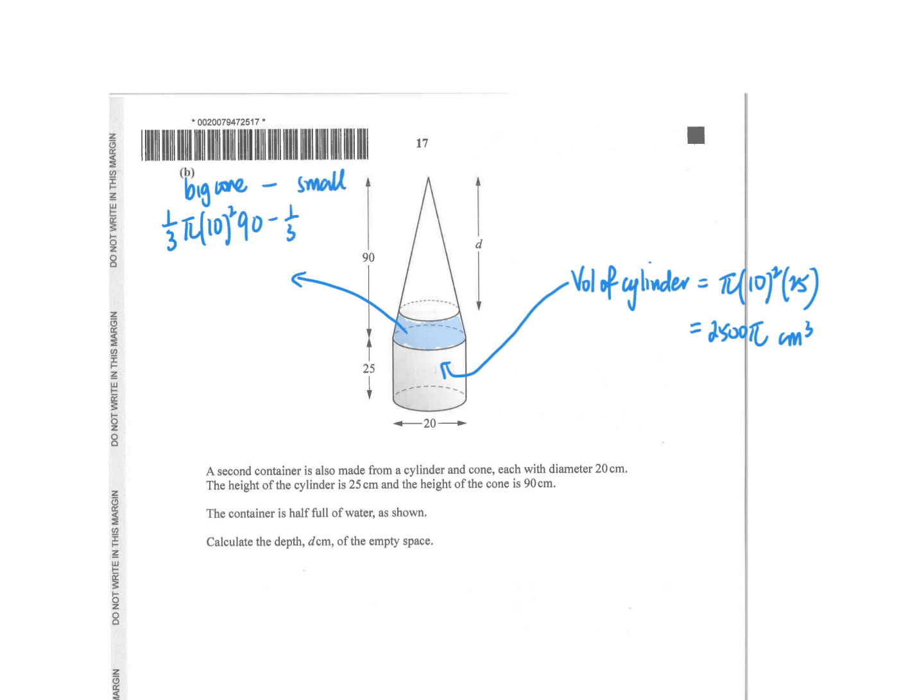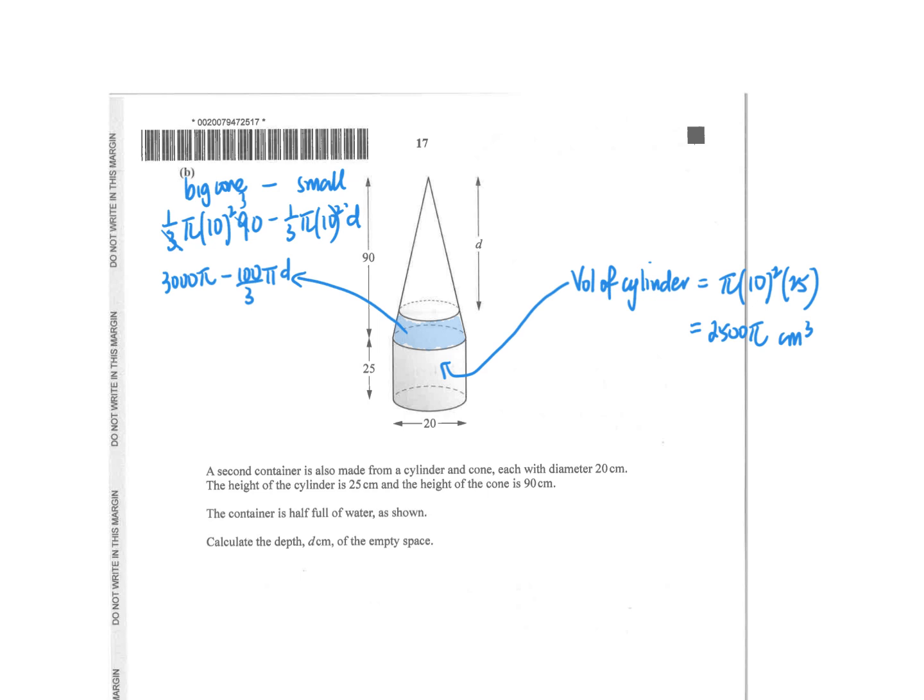So 1/3 pi r squared, and then the height is d. If you were to calculate it, you get 3000 pi minus 100 over 3 pi d. Okay, so this is the volume of that little frustum.